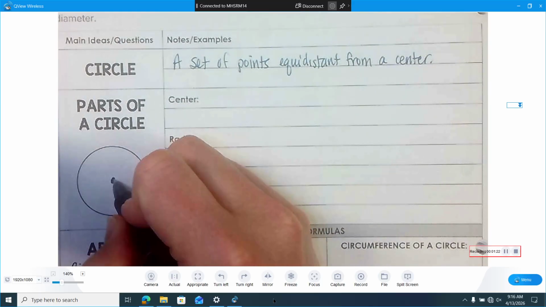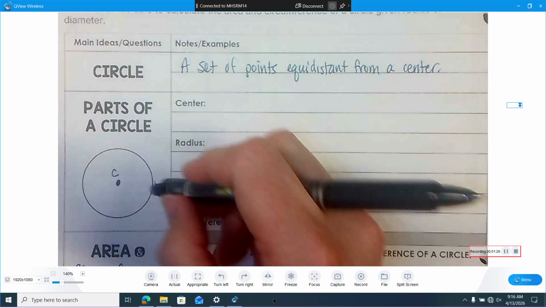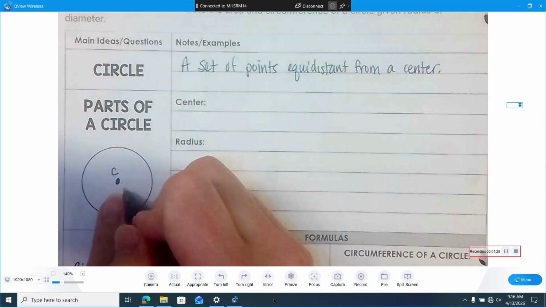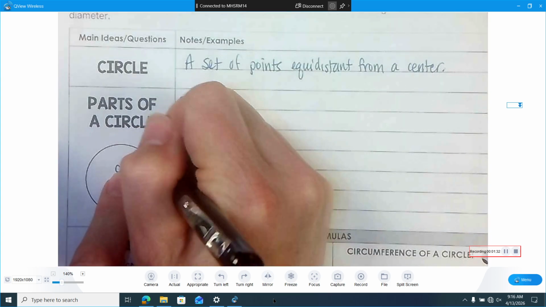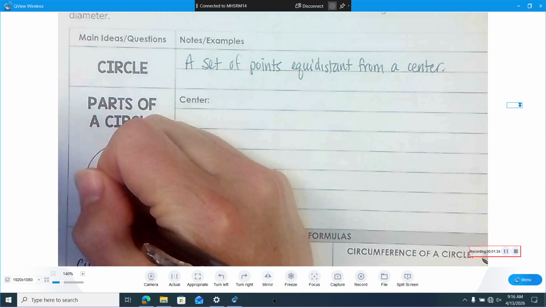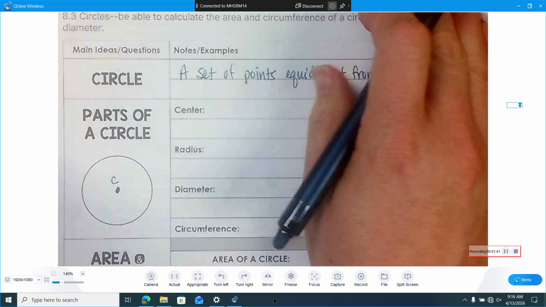So every circle has a center, and that distance all the way around the circle, that set of all the points that creates the circle, is called the radius.